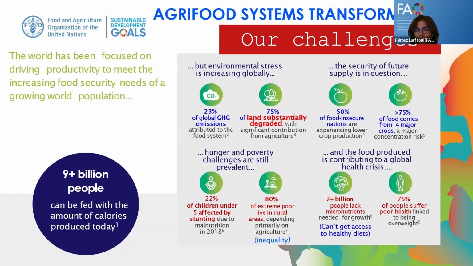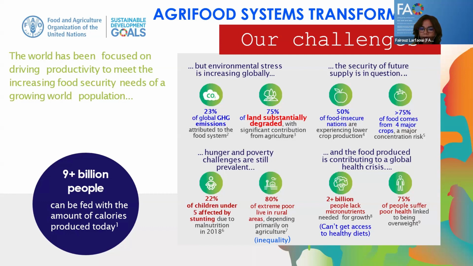We also have an important impact on the security of future supply that is in question. 50% of food insecure nations are experiencing lower crop production, and over 75% of food comes from 4 major crops, a major concentration risk. Hunger and poverty challenges are also still prevalent.